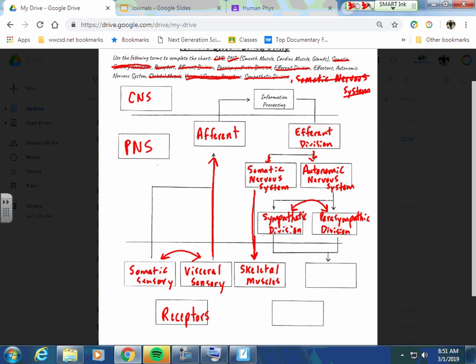We took care of autonomic nervous system. So the sympathetic division, parasympathetic division, going to the things that we don't just voluntarily control, and that's going to be our things like smooth muscle. It's going to be cardiac muscle in our heart.